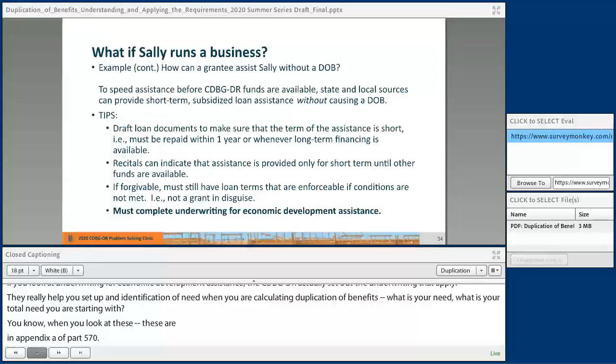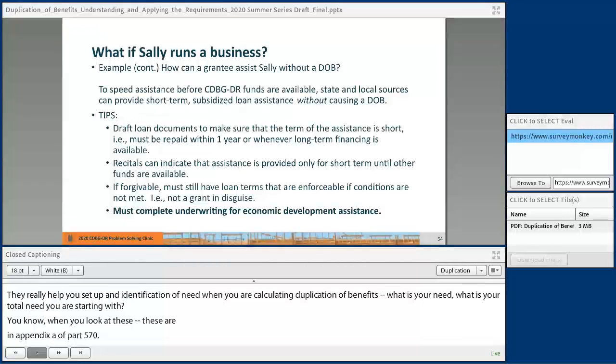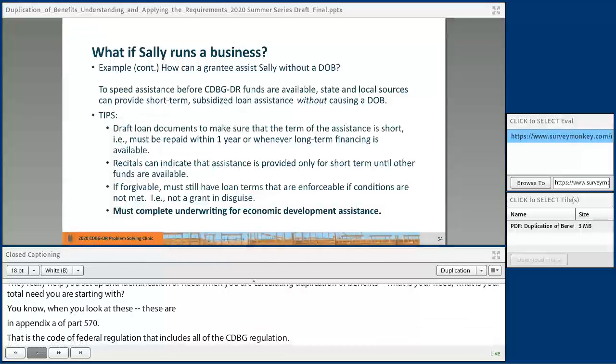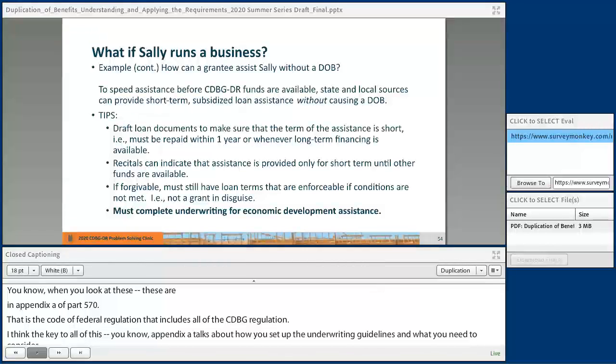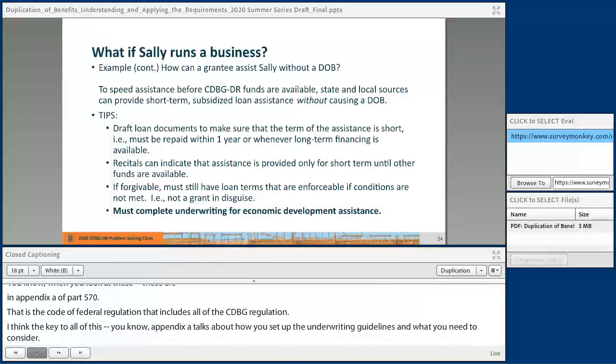And I think the key to all of this, Appendix A talks through how you set up your underwriting guidelines and what you need to consider. But the key to determining the total need for your support is really how much CDBG funds you can provide without substituting CDBG funds for non-federal financial support.